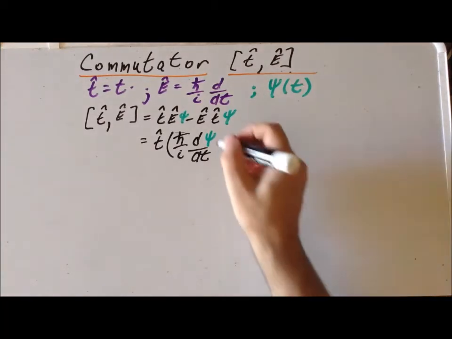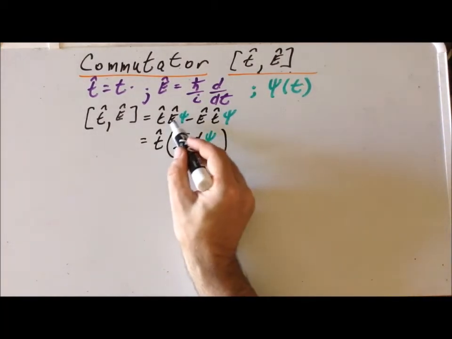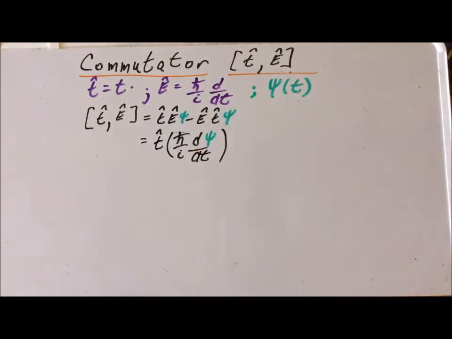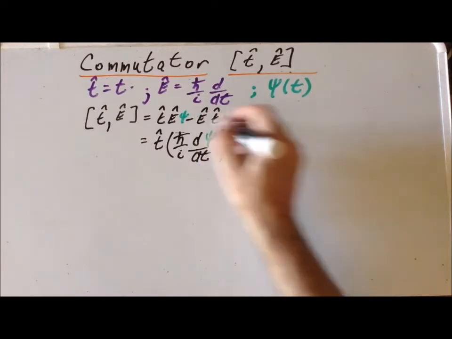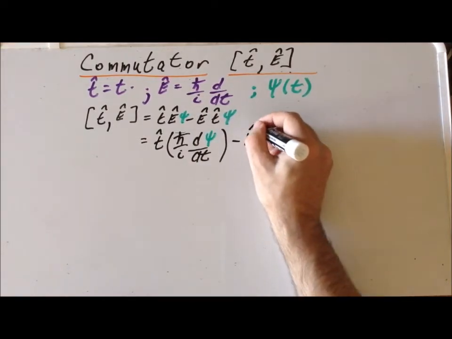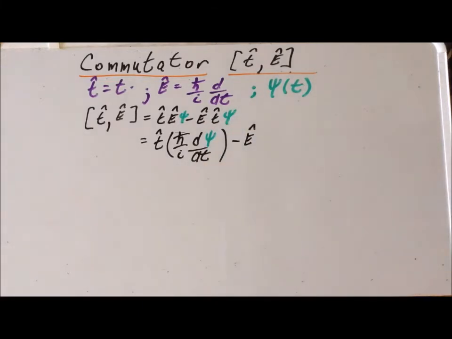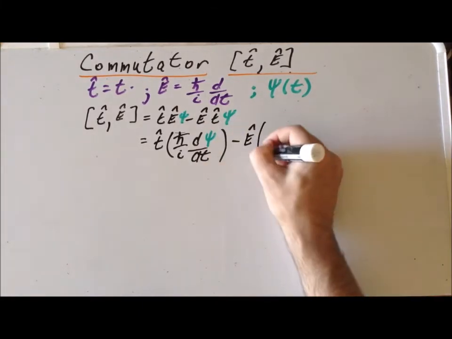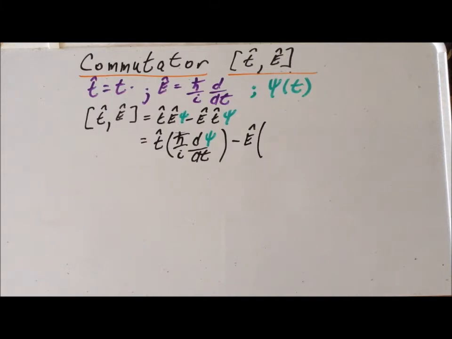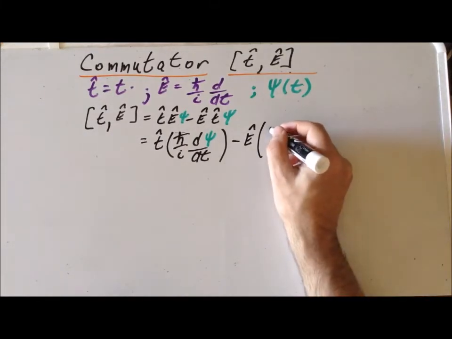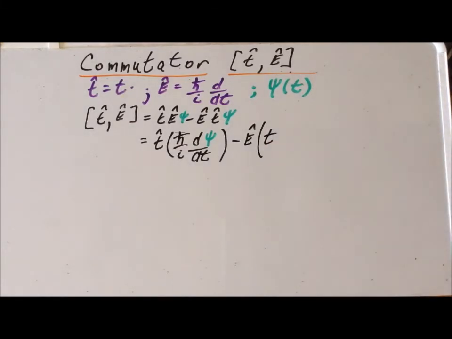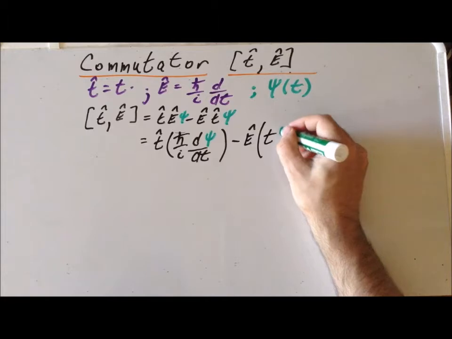And that's what we've done, simply have the nearest operator, the rightmost operator, act first. What do we get for the second side? Well, we're just going to bring over the e energy operator and have the t operator act upon psi. Well, by definition, the way that we interpret the t operator is simply to multiply by the time t. And that's going to multiply the wave function psi.